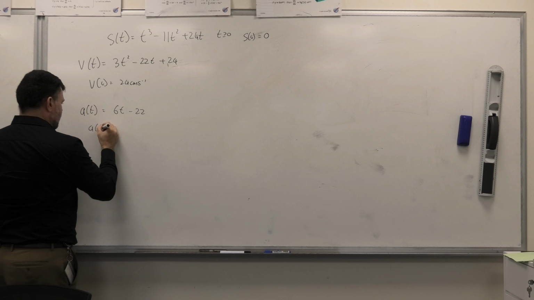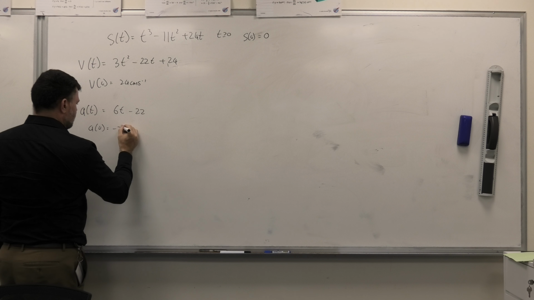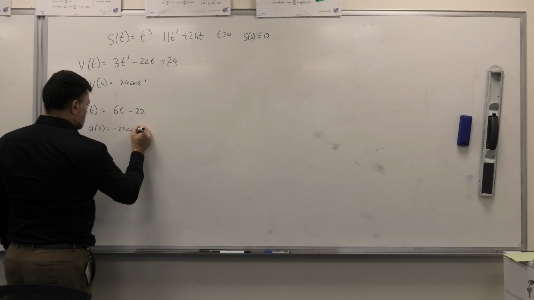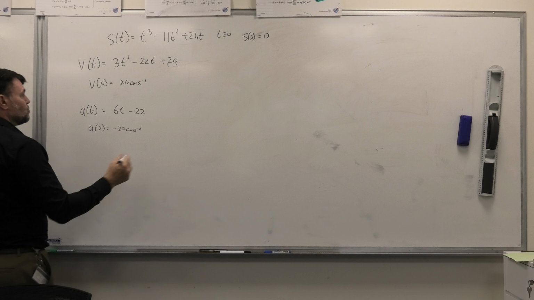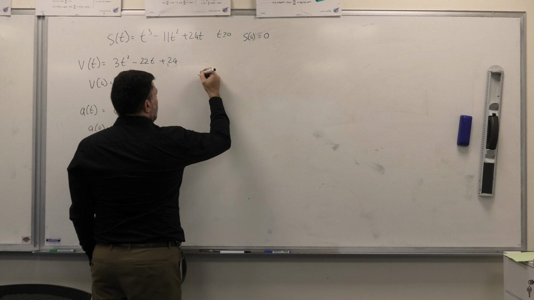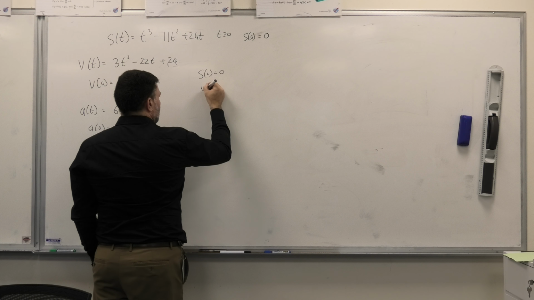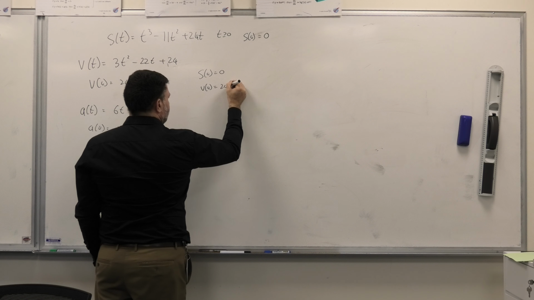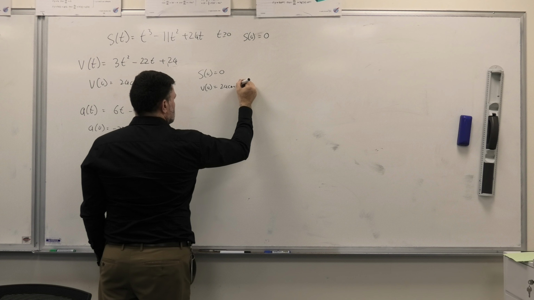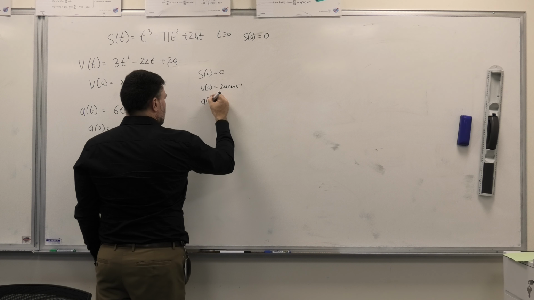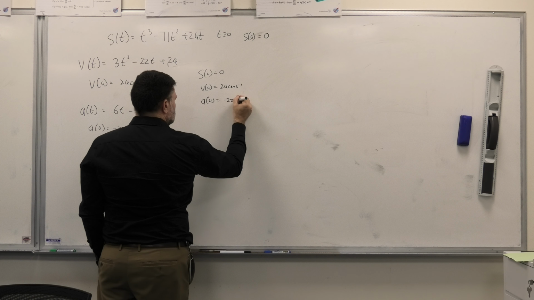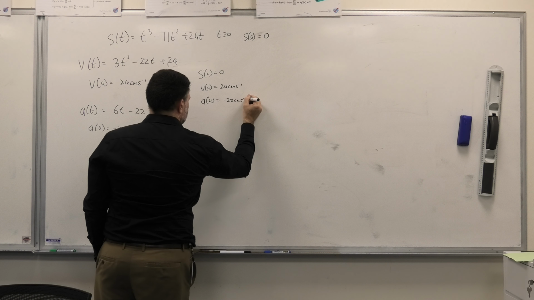And if I have a of 0, I'm left with negative 22 here. So let's rewrite this underneath each other. I have s of 0 equal to 0, v of 0 equal to 24 centimeters per second, and a of 0 equal to negative 22 centimeters per second squared.